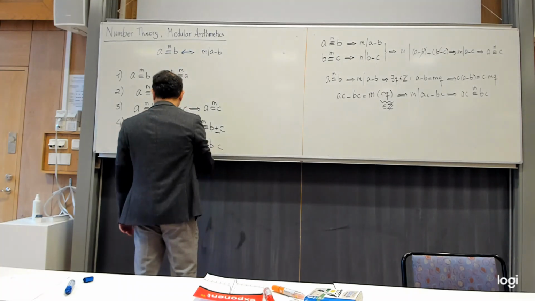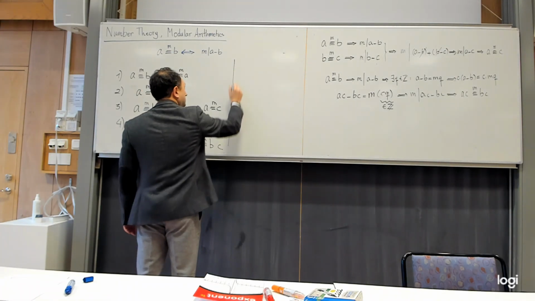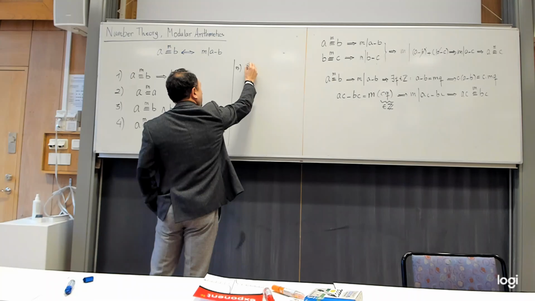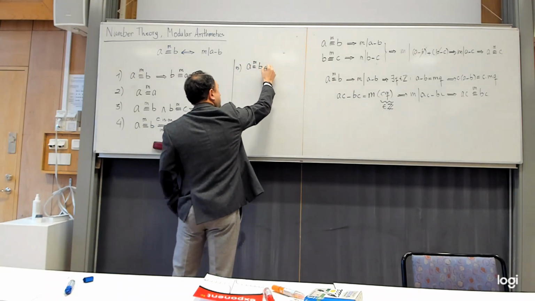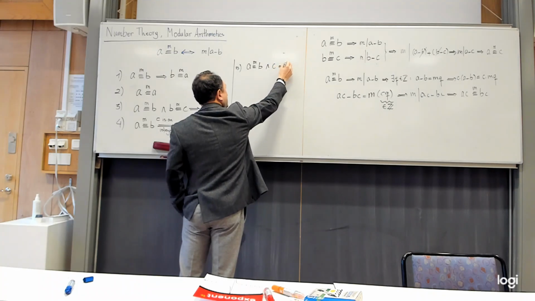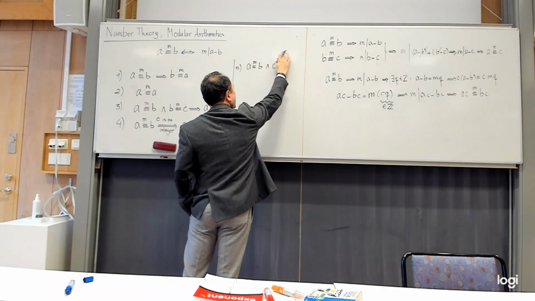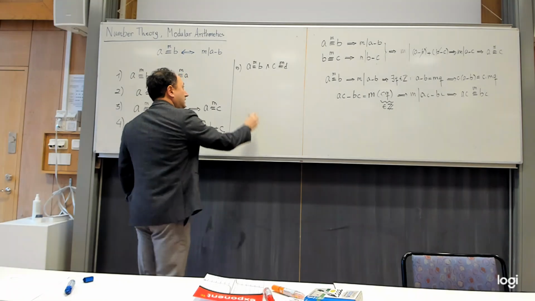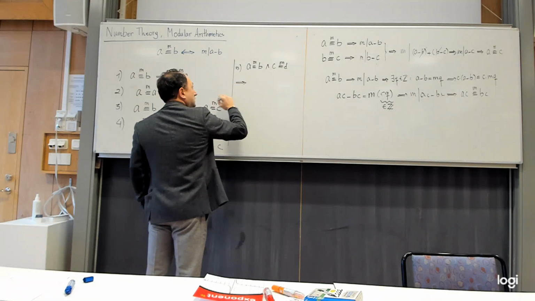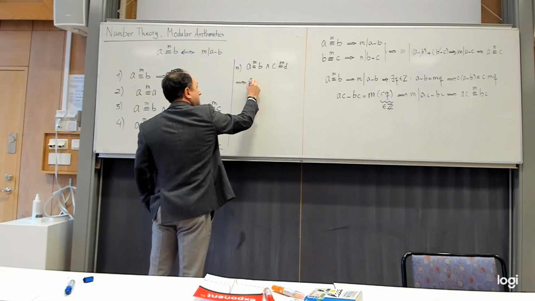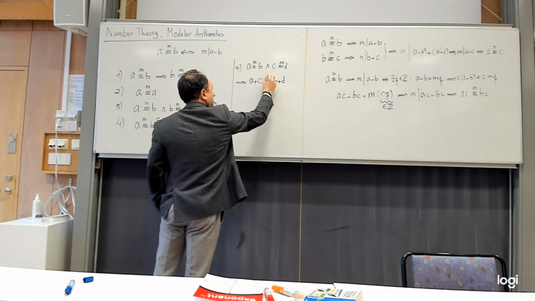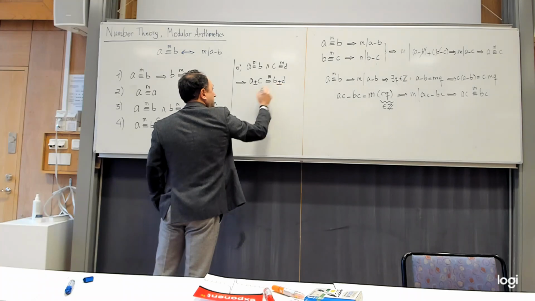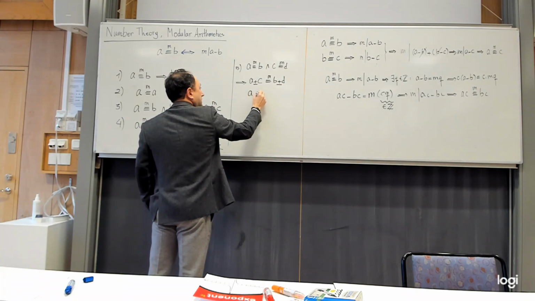So let me just write this one. Number 5: I have A congruent to B modulo M, and C is congruent to D, the same modulus, by the way, be careful. Then, if I want to, I can add them side by side. I can subtract them, and I can multiply them.